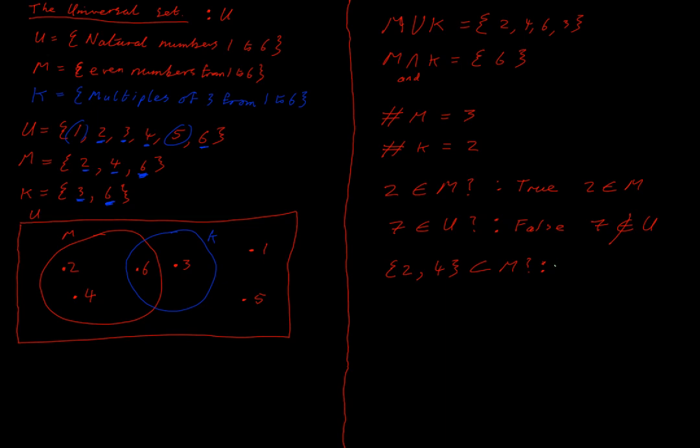And I would say yes, it is, because all of the elements in this 2, 4 are inside of the set M. So yes, 2, 4 is a subset of M. And that's a recap of some of the tools that we've looked at while we've been doing our sets work.